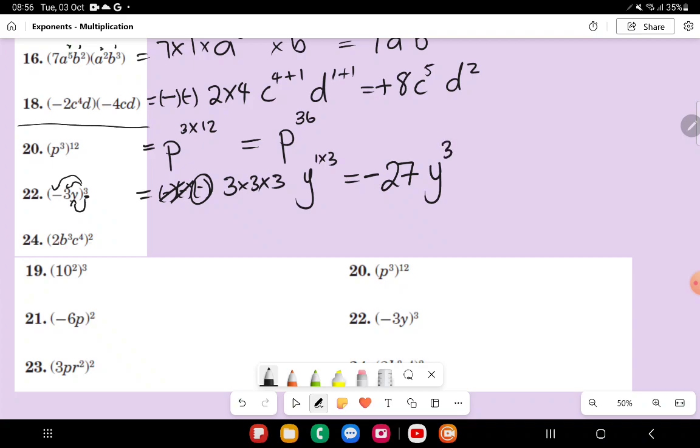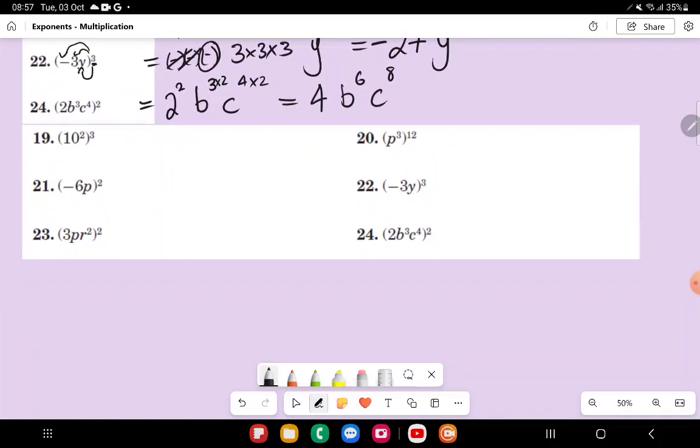Question 24. 2 squared, b^3, c^4, so b^(3 times 2), c^(4 times 2), and 2 times 2 is 4, b^6, c^8. Next one, we have 10 cubed.